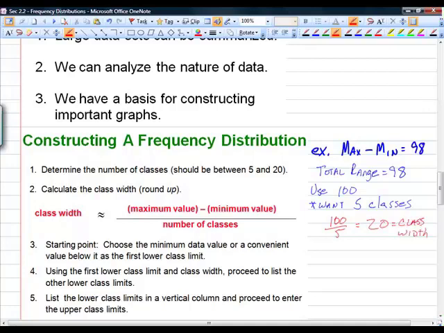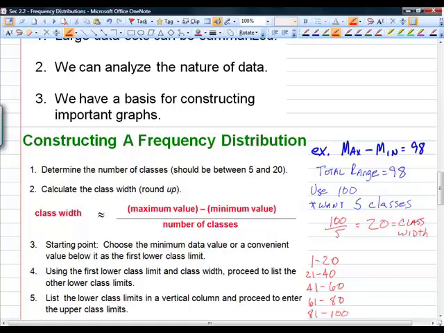Your starting point, you've got to start with the smallest data value or a convenient value below that. Let's say that our smallest data value was 3. Well, maybe I want to start my minimum value at 1 since I've got a range of 100. And then I could go 1 to 20, and then 21 to 40, 41 to 60, 61 to 80, and 81 to 100.